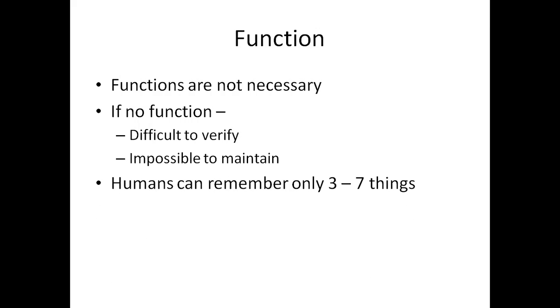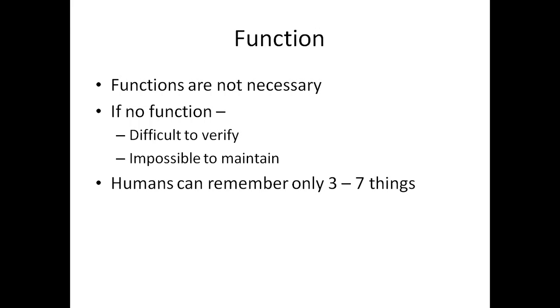Another thing to note is humans can remember only up to 3 to 7 things at a time. So it will be very difficult if you are writing the whole thing in a single program. It is fine if you are writing simple programs.